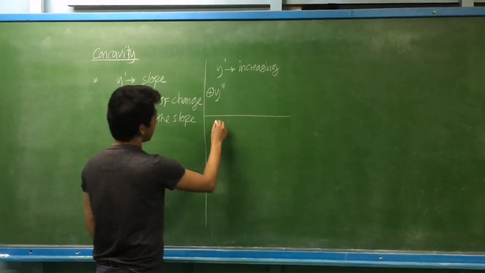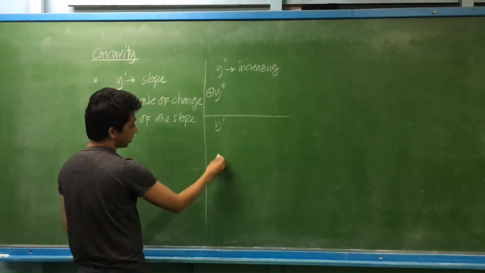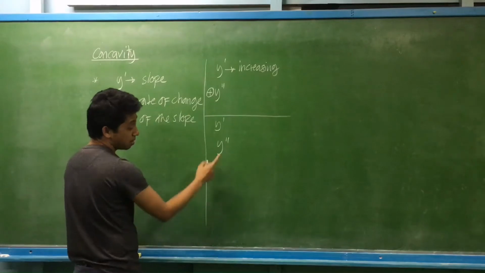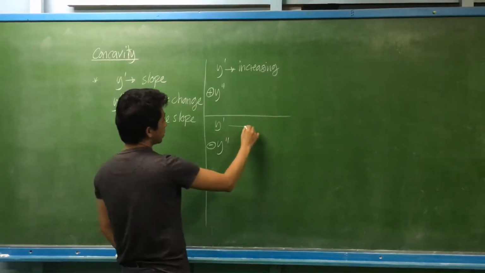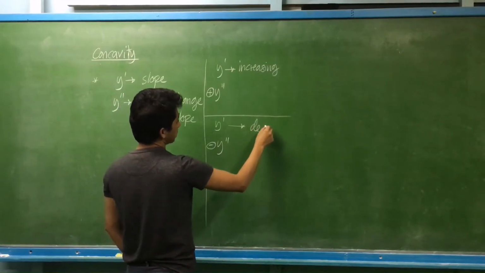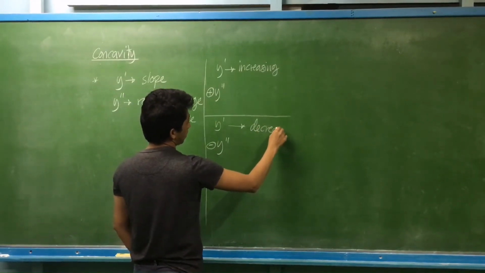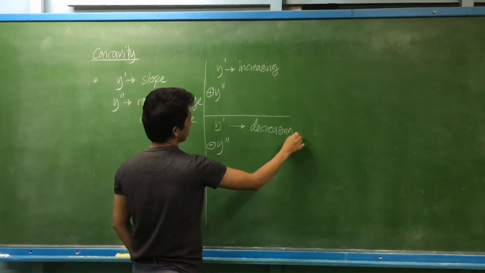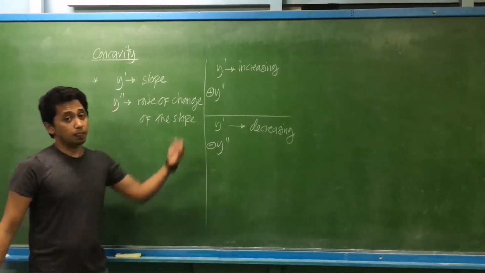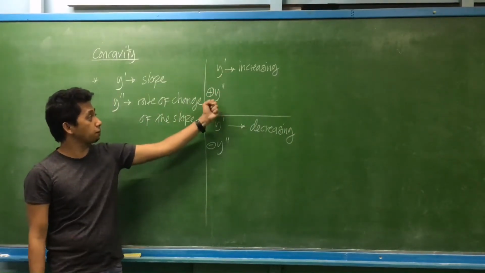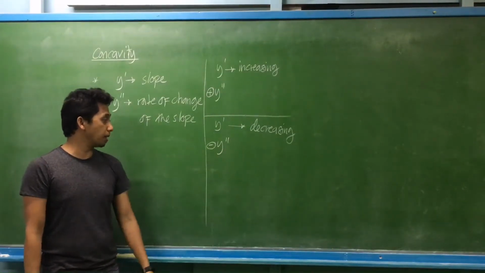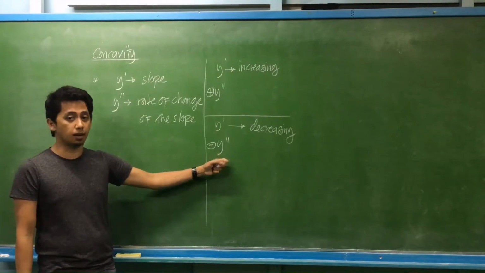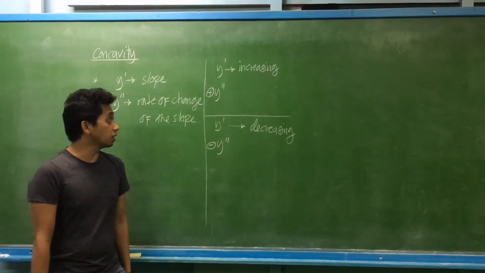Vice versa, if we have y prime, then taking the second derivative y double prime, and the equivalent of this second derivative is negative, this y prime is decreasing. Okay? So, increasing y prime if we have a positive y double prime, then we have y prime decreasing if we have a negative equivalent of the second derivative.